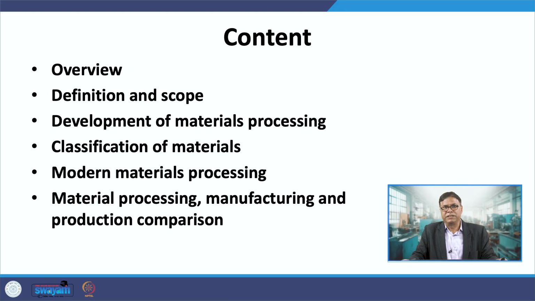The content of the presentation includes an overview, definition and scope of material processing, development of material processing, classification of the materials, modern materials processing, and manufacturing and production comparison.